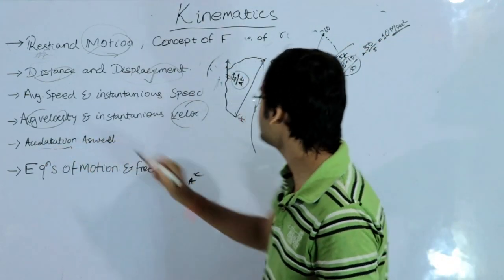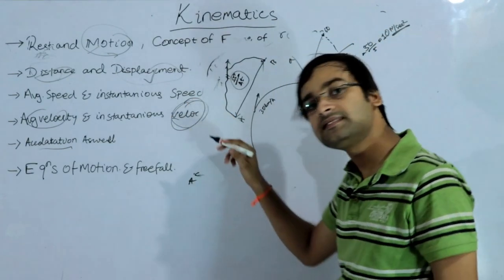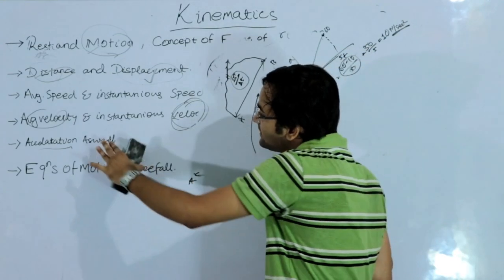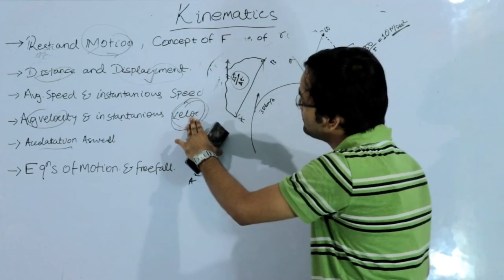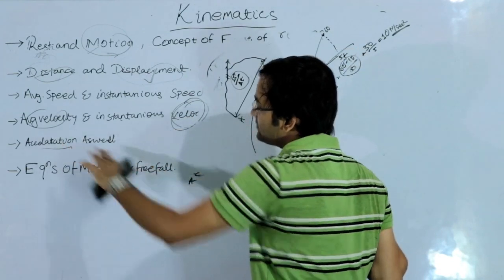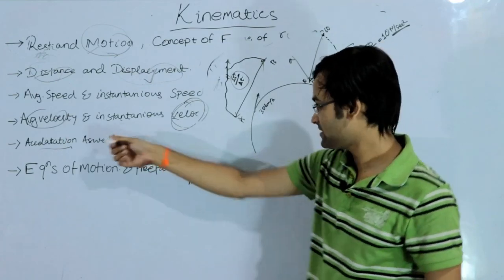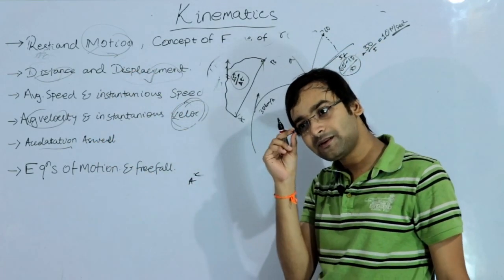Acceleration is also a vector quantity, and it is the change in velocity. If you are interested in the change in velocity, then that will give you the acceleration, and the speed is not associated with acceleration because acceleration is a vector quantity. You cannot say the change in speed is equal to acceleration.